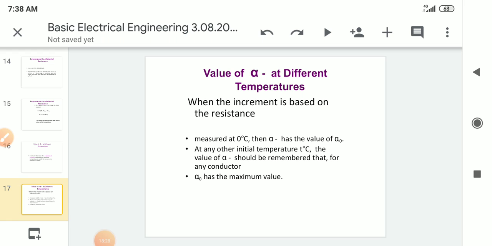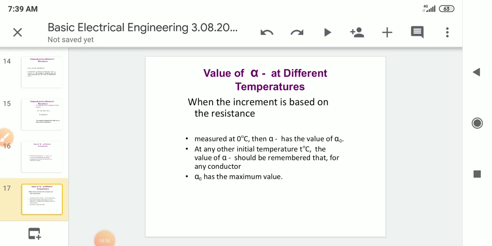If we consider the base as the resistance at 0 degrees, then we call it alpha naught.